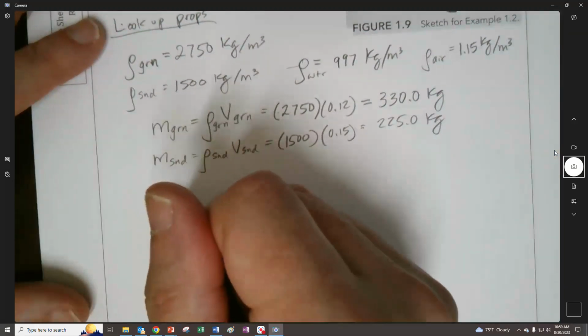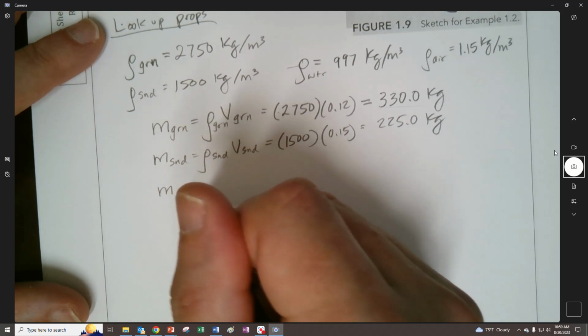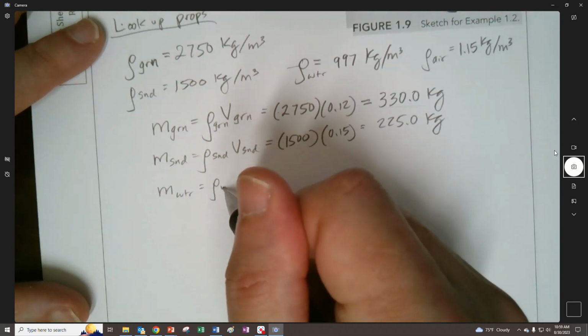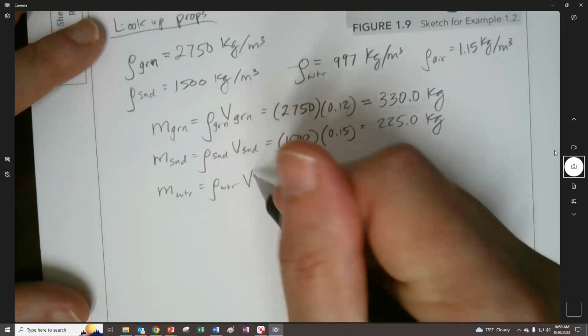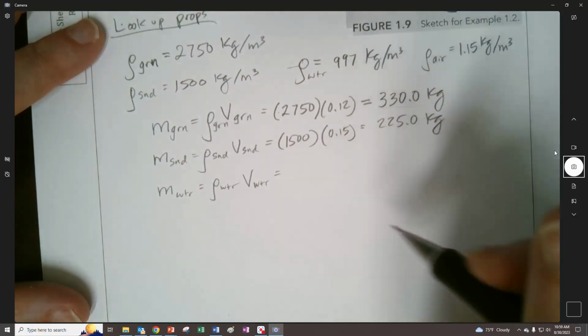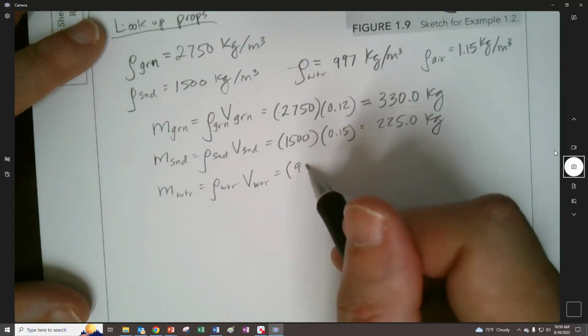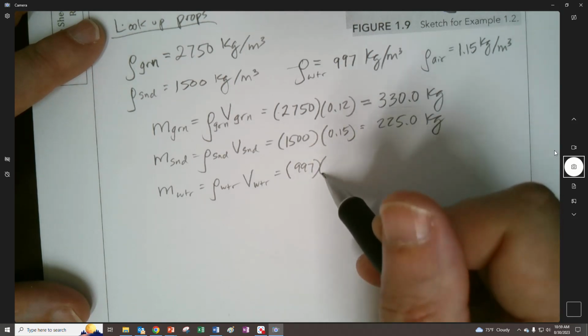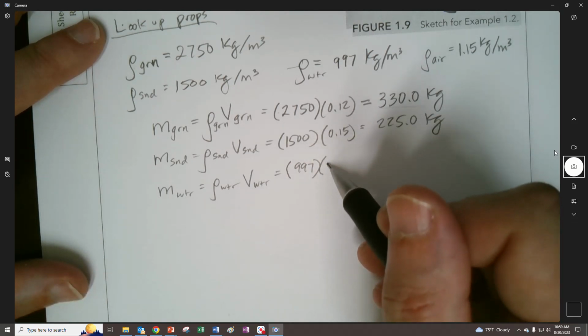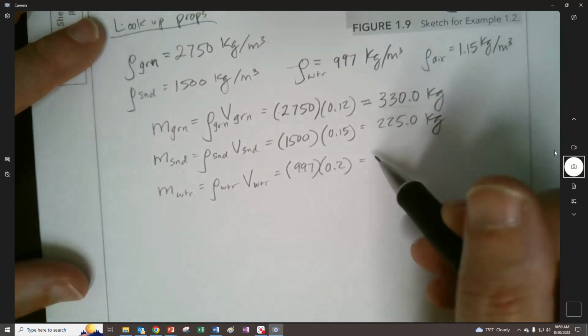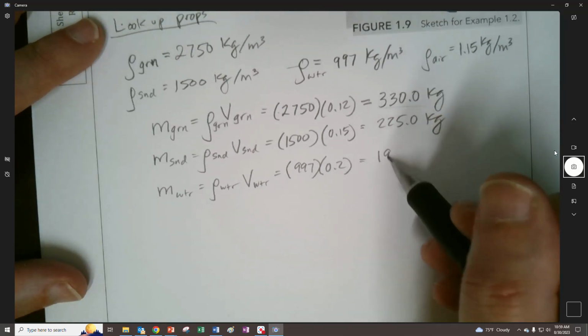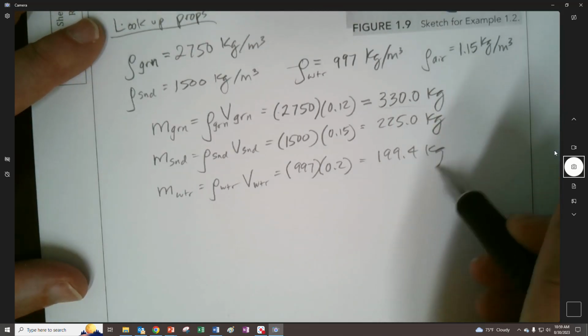And then the mass of the water was the density of the water and the volume of the water. And so that's 997. Should be 1,000. Don't tell anybody. I think it's stupid. We'll stick with it. And that should be 199.4 kilograms.